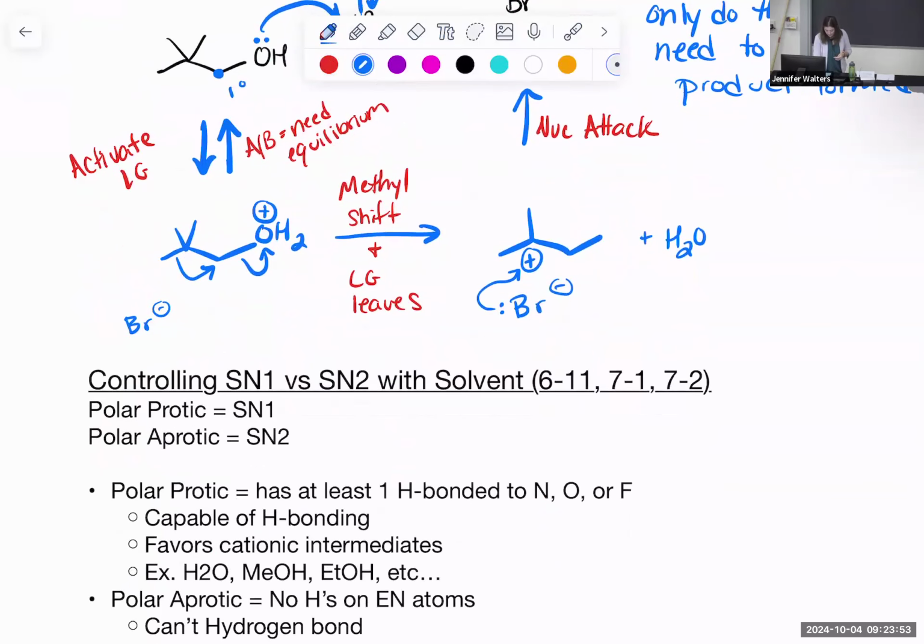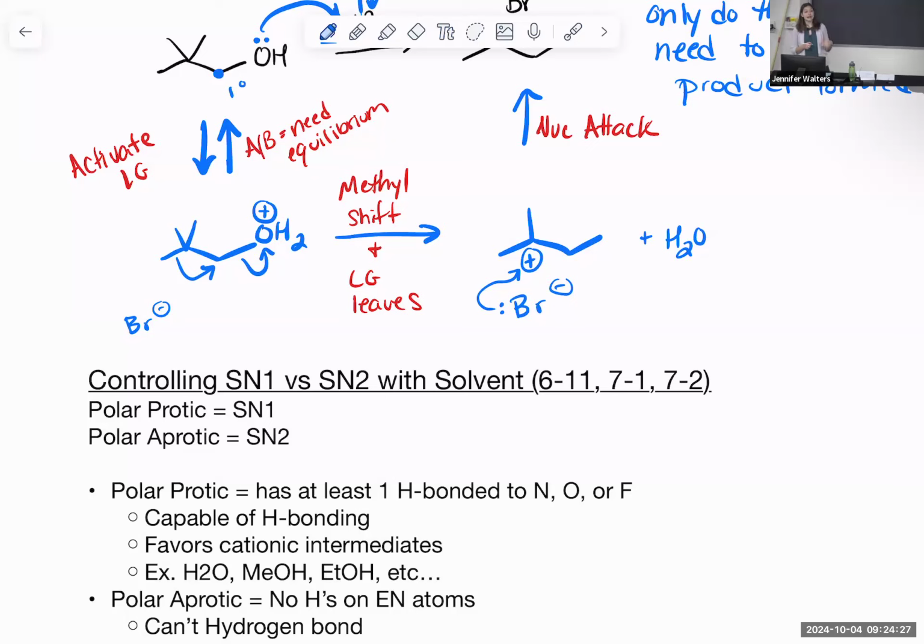All right. The last aspect of our SN1 and SN2 discussion is that we can control it with solvent. So this is a minor factor. We're predominantly going to control our reactions by looking at our nucleophile and our substrate. Those are the primary two factors. But sometimes it'll be hard to tell, and then we will consider solvent as a third factor.